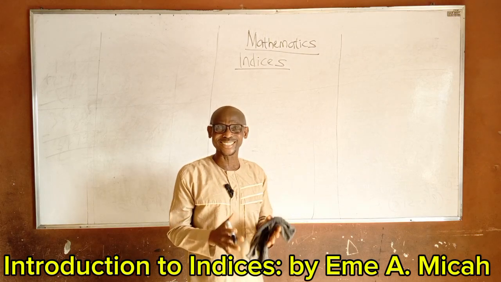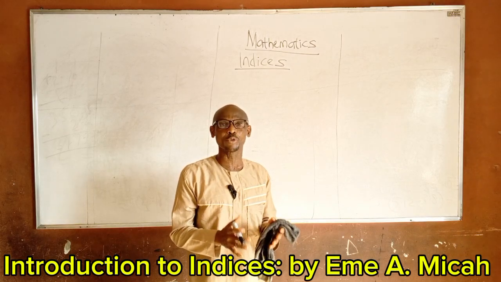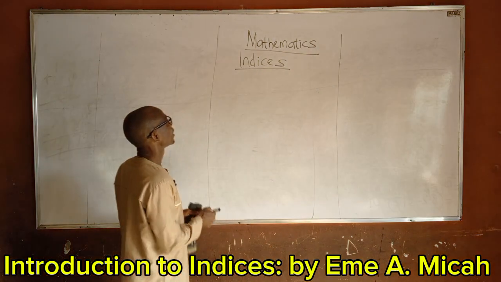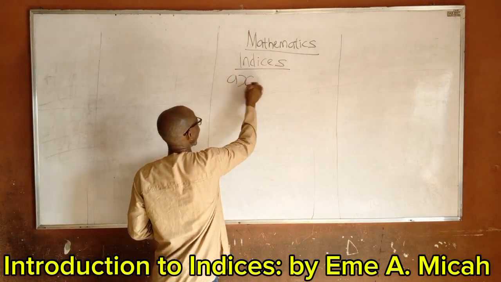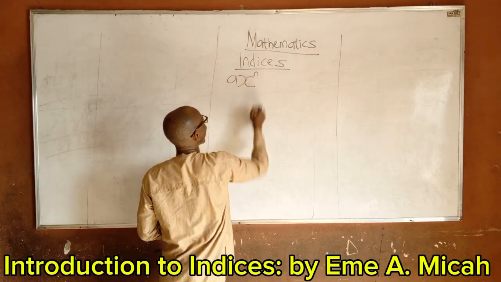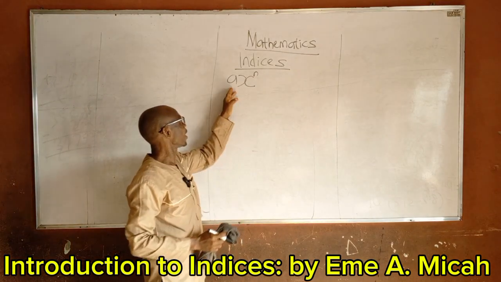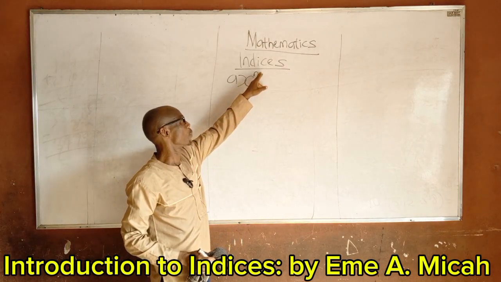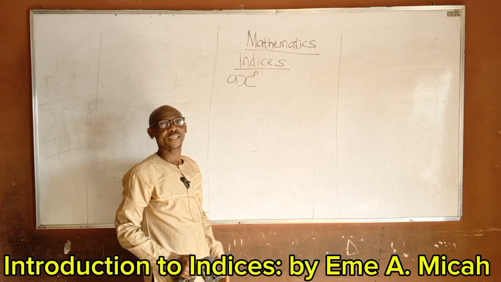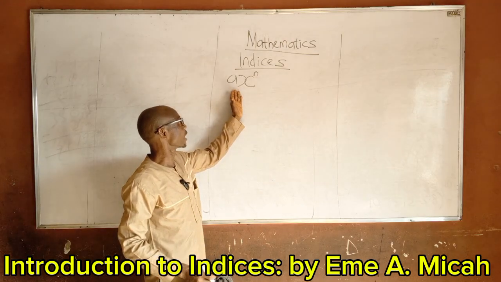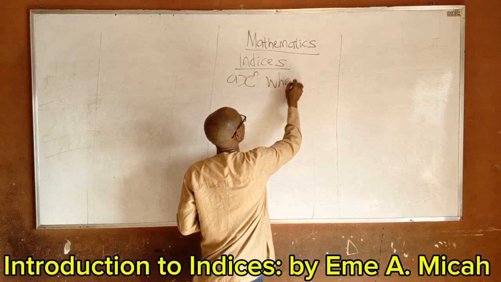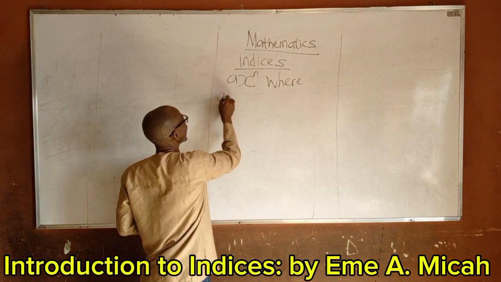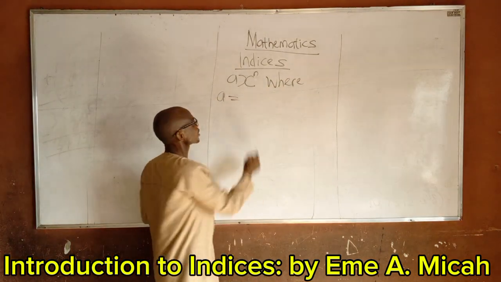A number in index form can be written as a x raised to the power of n. This value can be said to be in index form, where our a is a constant.